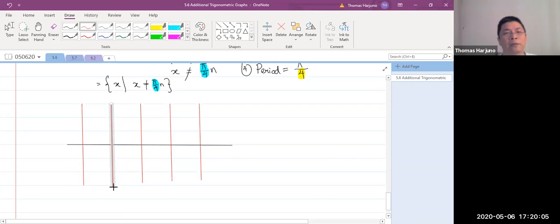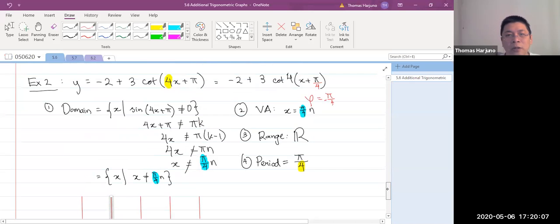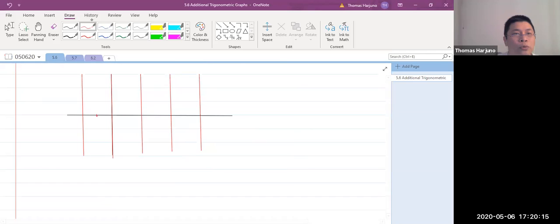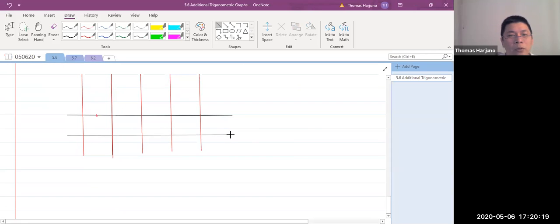And then the phase shift is negative pi over 4, and then the center is negative 2. So let's say this is y equals negative 2. Now my center will be here.